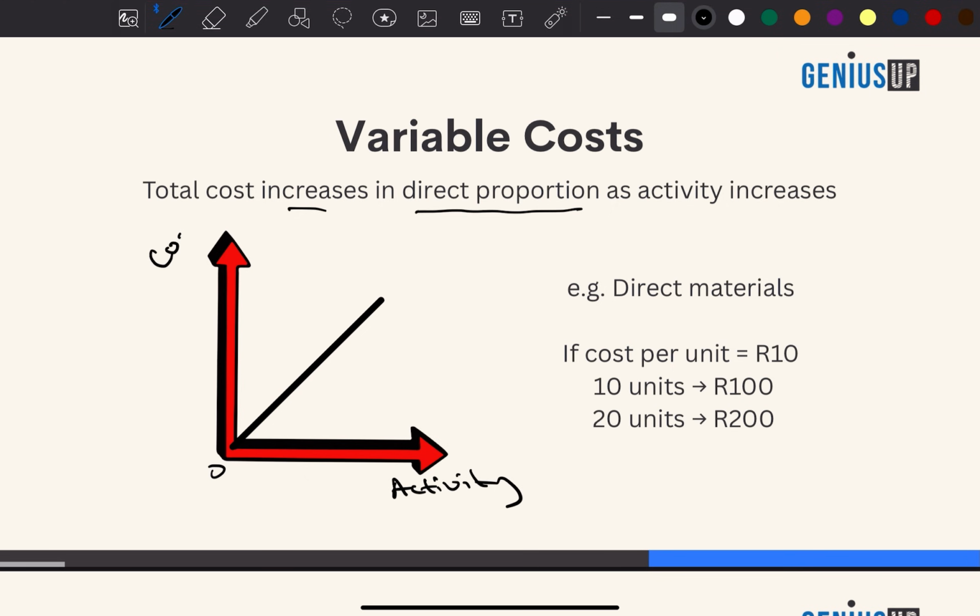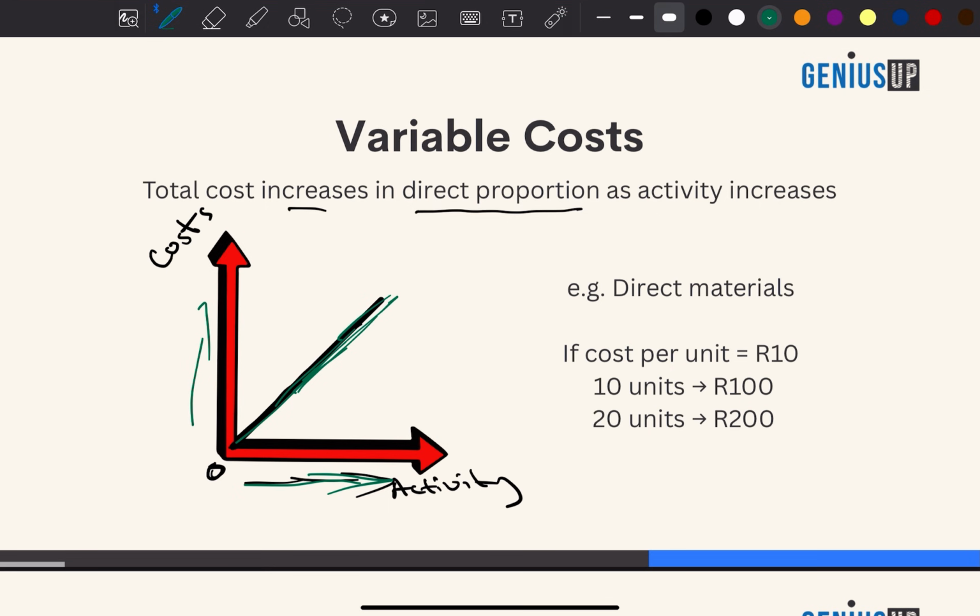If we produce 0 units, meaning the activity is 0, the cost will also be 0. We won't incur any variable cost. However, the higher activity goes, the more the cost will also increase, as we can see here. As activity increases, cost also increases. So that's the idea of variable cost.